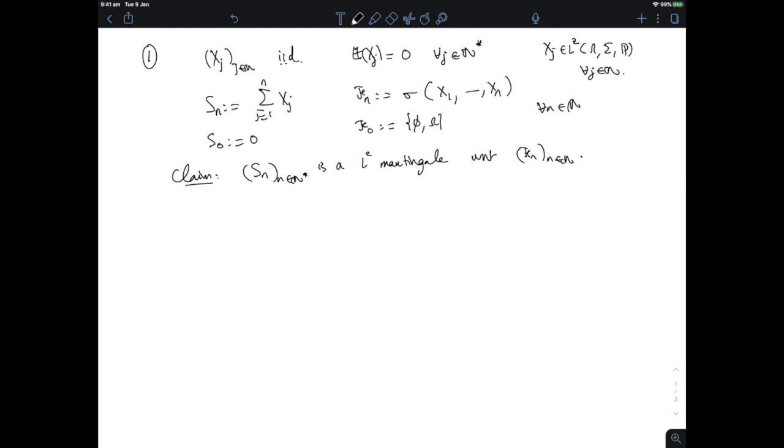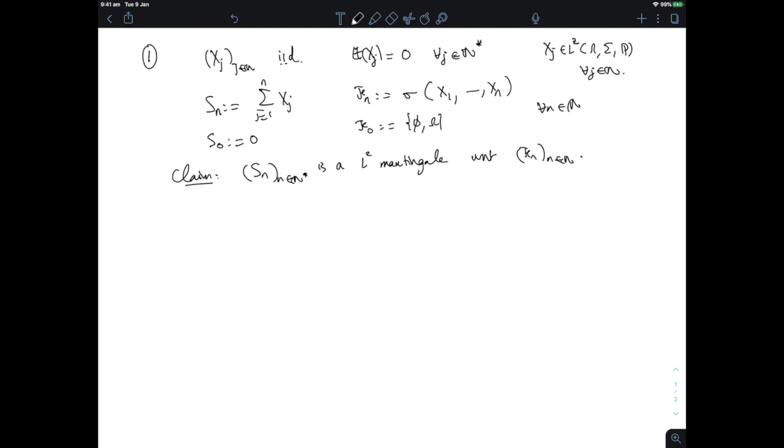That's part of the definition of being a martingale. For every n, I'm going to ask Sn to be in L2. That's going to make it an L2 martingale. The reason why we have such a quantitative assumption, could be L1 rather than L2, but there has to be something, is to guarantee that the conditional expectation makes sense. And then we prove the key property, which is expressed in terms of conditional expectation, and says that the expectation of Sn plus 1 given Fn has to be Sn for all n.